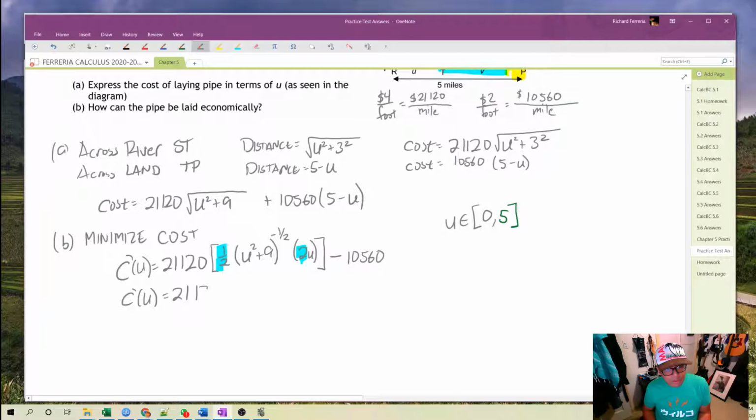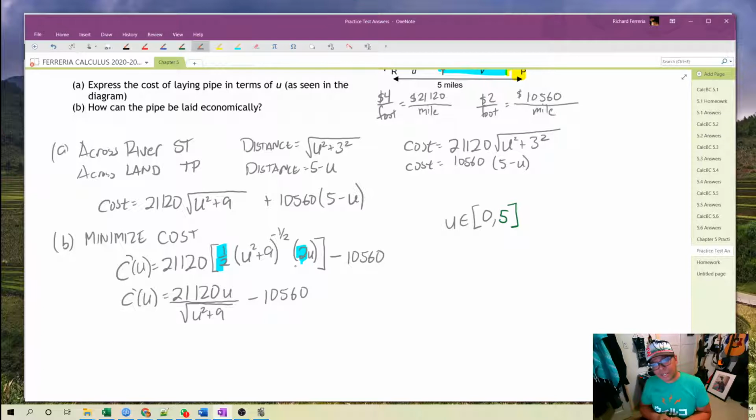That's 21,120 multiplied by u, divided by the square root of u squared plus 9, minus 10,560.